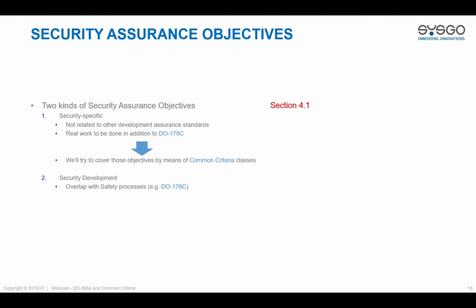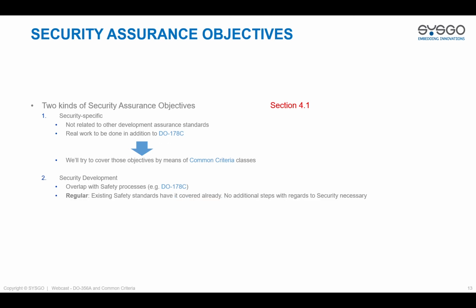The second kind of security objectives are security development objectives, and these are basically the same as we know from DO-178C and other safety standards. So this covers the development. These requirements, which are listed in the standard, come in two ways.